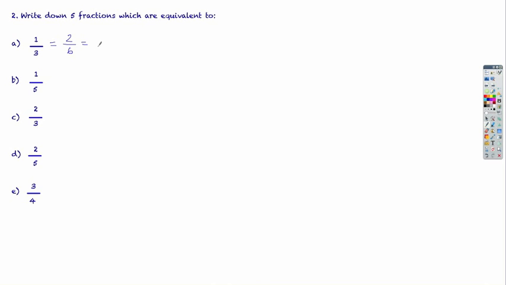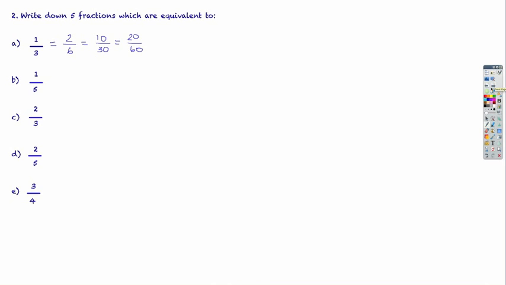If I multiply the top and bottom of 1/3 by 10, I get 10 over 30. I could multiply 2/6 by 10 on the top and the bottom, and so on. So you're going to find 5 fractions which are equivalent to the ones that are given here.